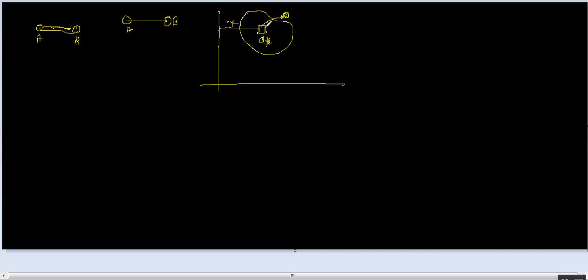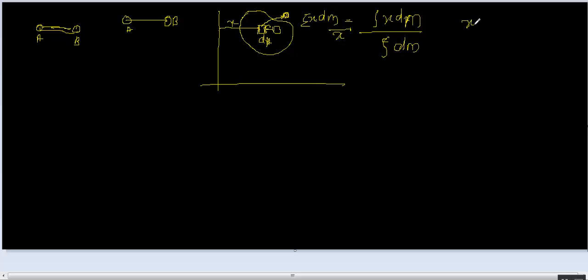The center of mass will be something like this, and similarly for the other particles, and finally we have to add these things. So this is the integration of x dm, divided by the total integration of dm. This is called the x coordinate of the center of mass.